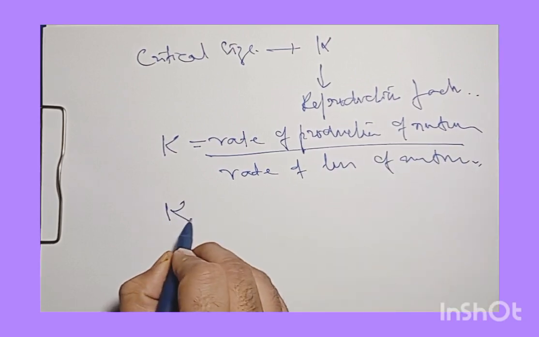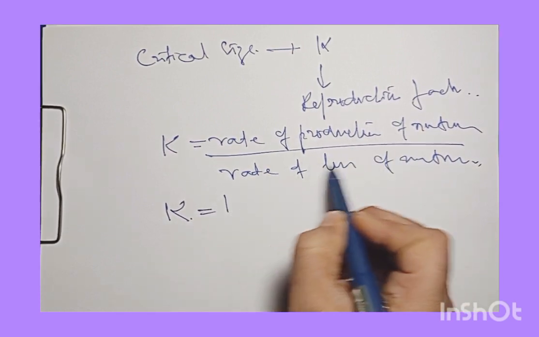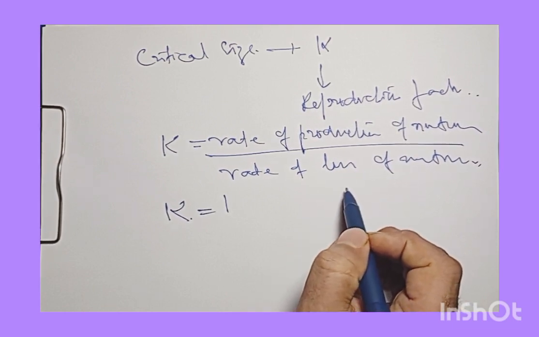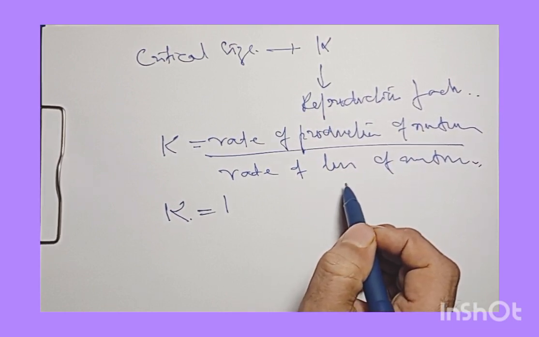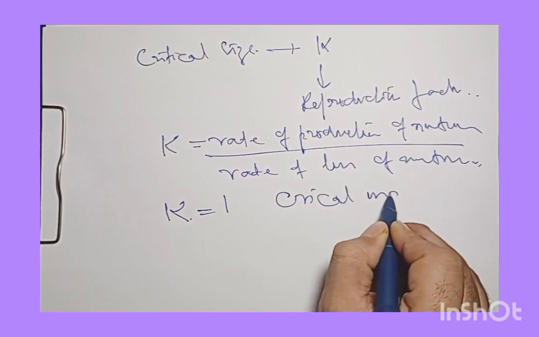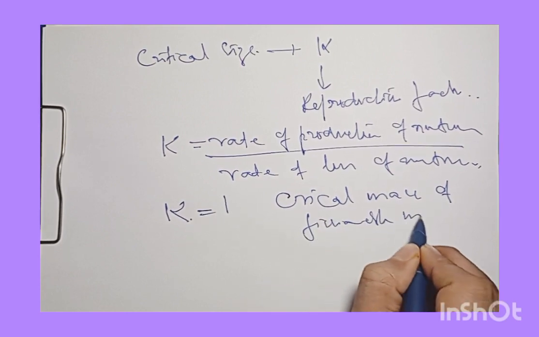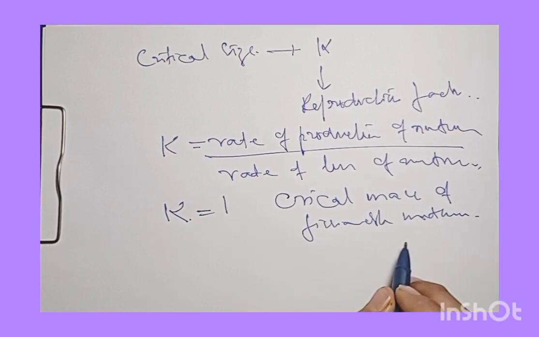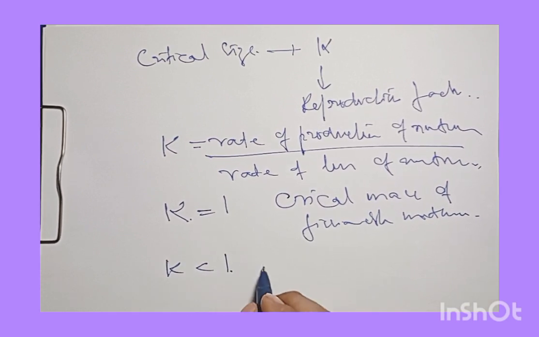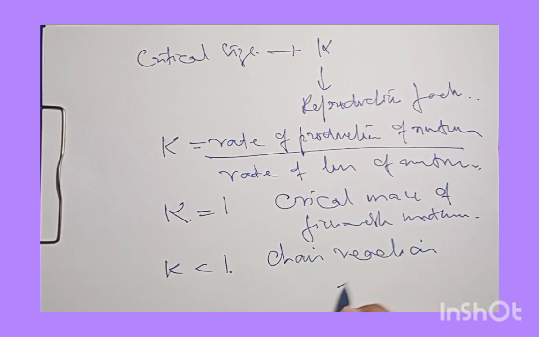If this K comes out to be 1, that is, the rate of production of the neutrons is equal to the rate of loss of the neutrons, the mass of the fissionable material is said to be critical mass. And if K is less than 1, then the chain reaction simply stops.